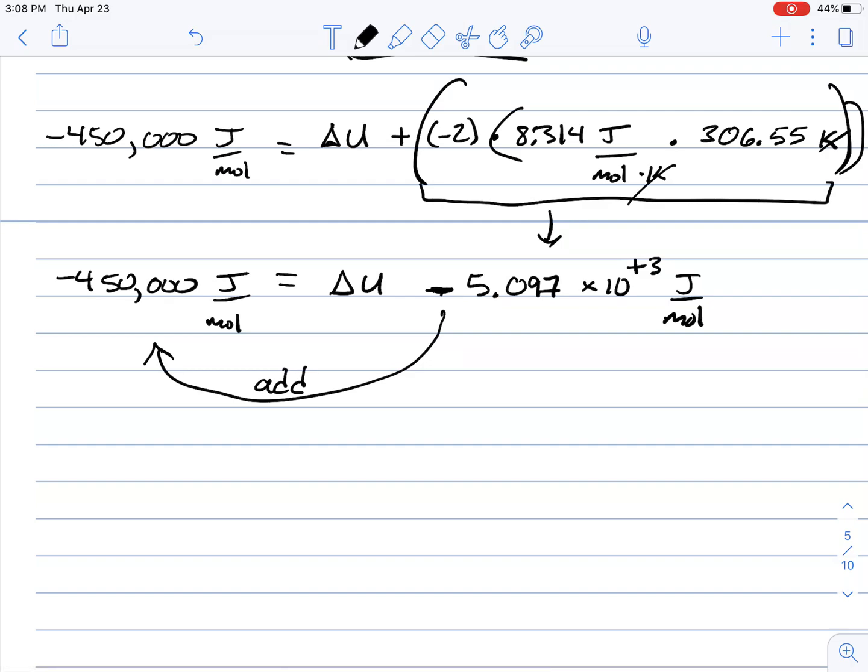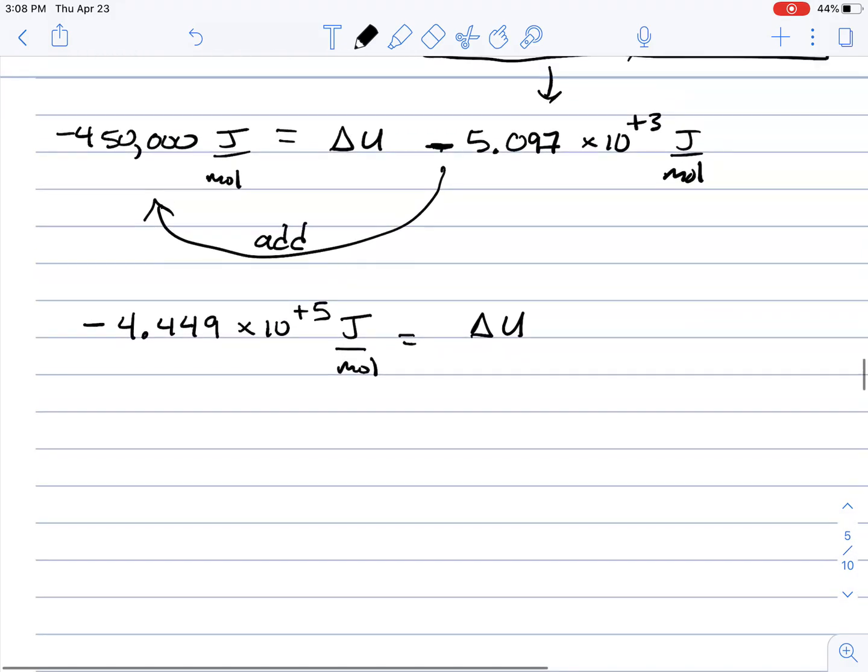And so the value that I get is going to be negative 4.449 times 10 to the positive 5, and my unit is going to be joules per mole. So my change in internal energy is going to be negative 4.449 times 10 to the positive 5.